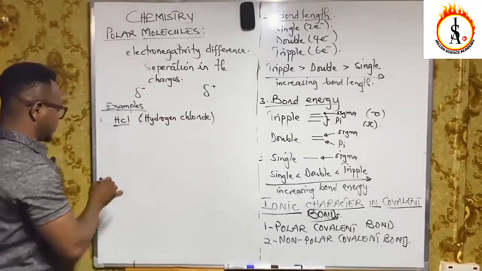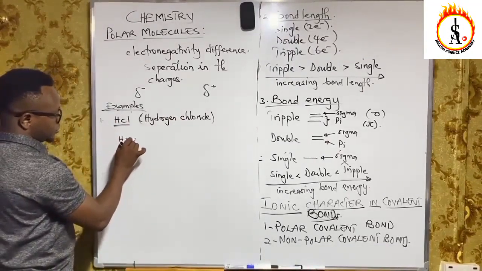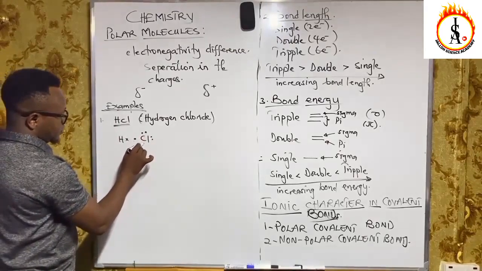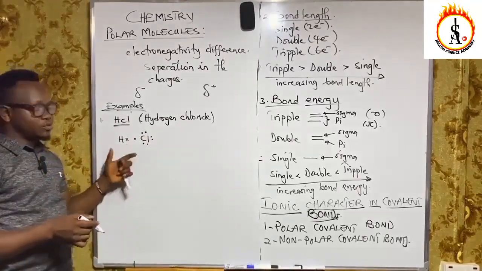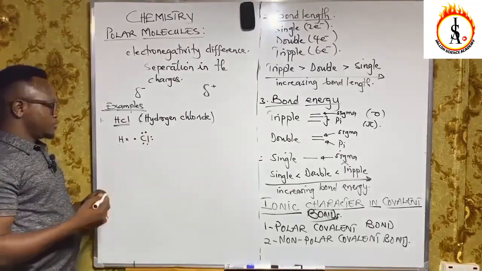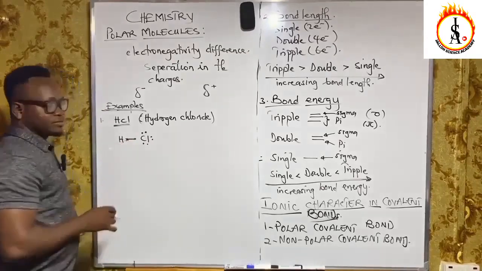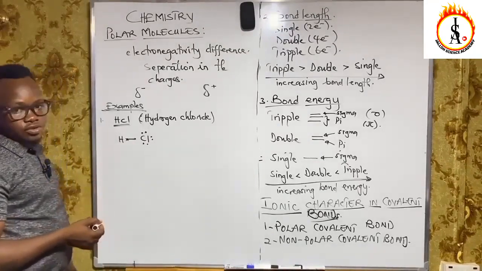In HCl, you know that hydrogen contributes 1 electron. So this hydrogen here contributes 1 electron to form a bond with this chlorine, a shared pair. So in this situation, what happens?